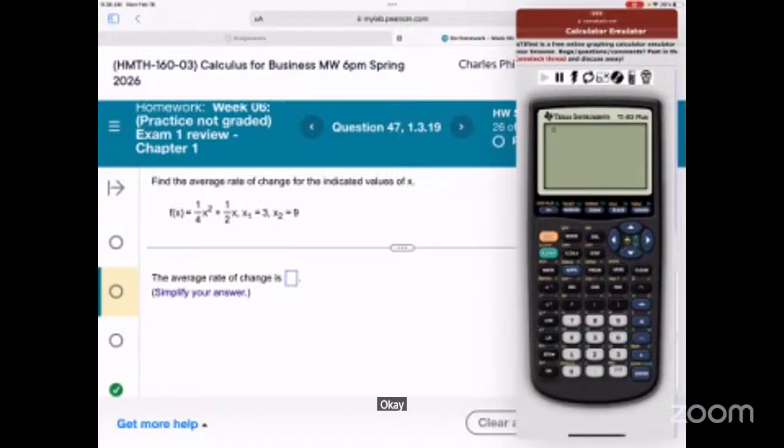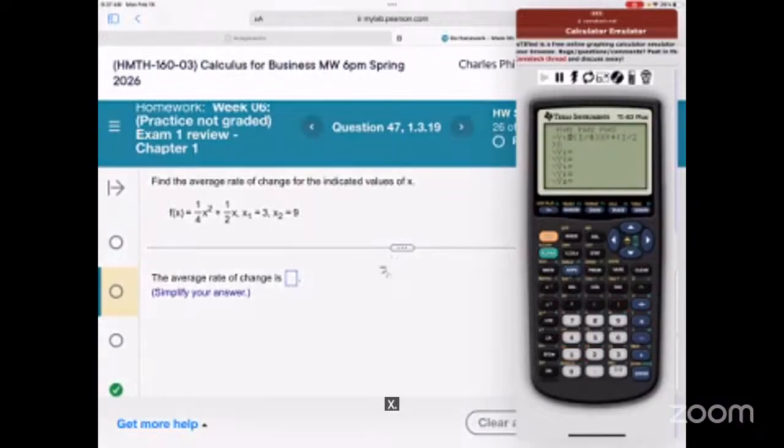Okay. So what I'm going to do is go to my y equals 1/4 times x squared plus 1/2 times x.